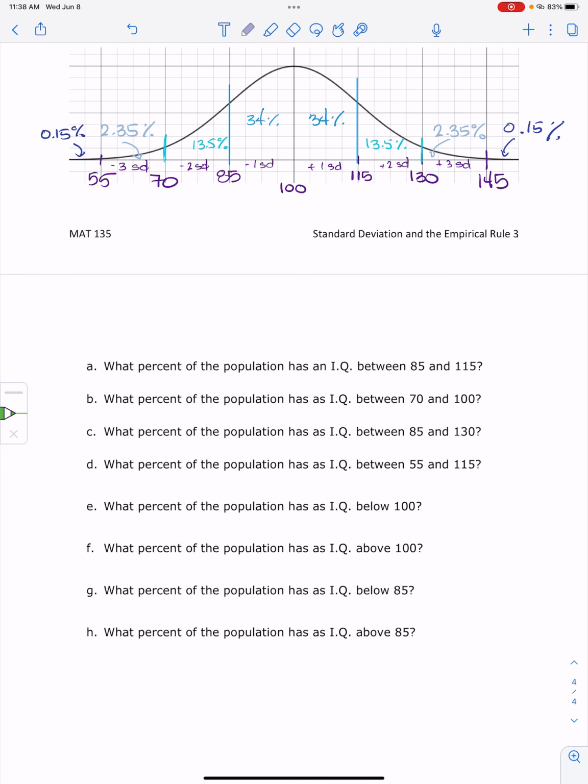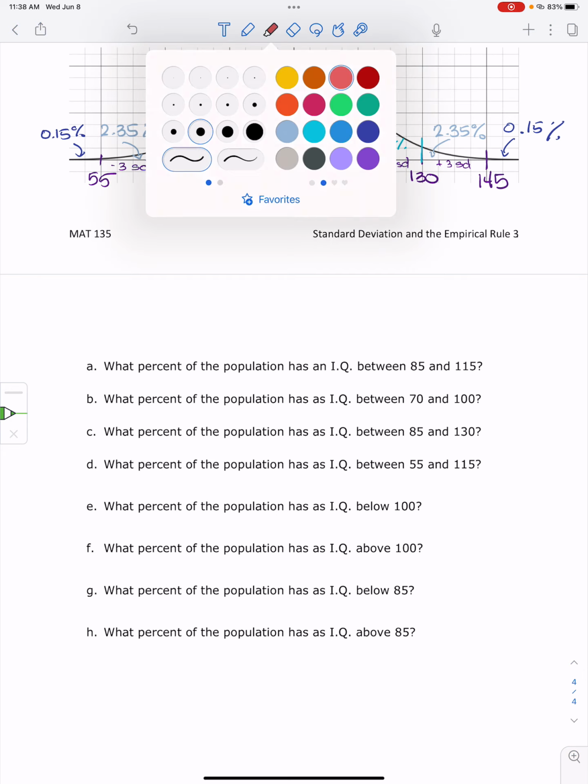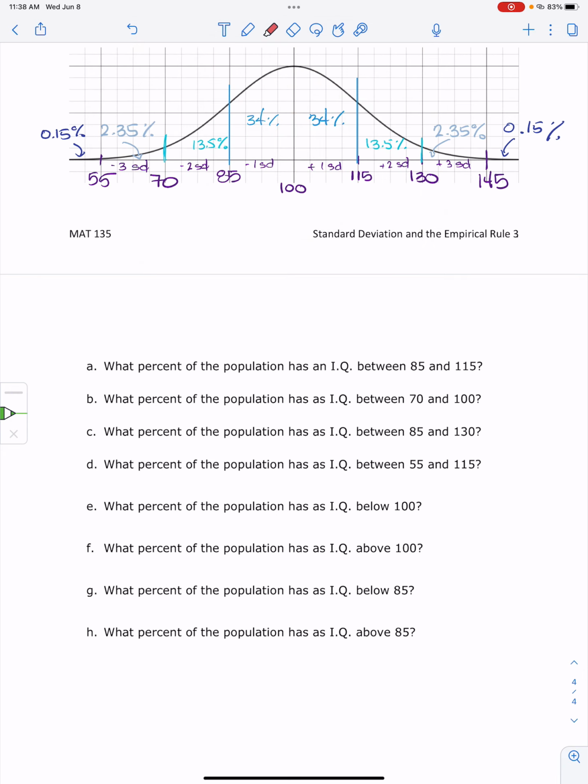So we want to know what percent of the population, and let's see if we can color code here. What percent of the population has an IQ between 85 and 115? So my 85 to 115 is right here. That's the 34% plus 34%, and again, 68% of our population lies within 1 standard deviation of the mean.